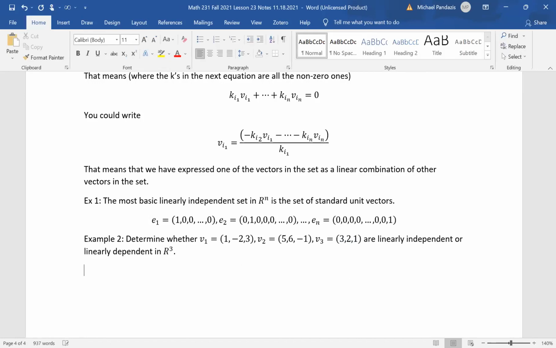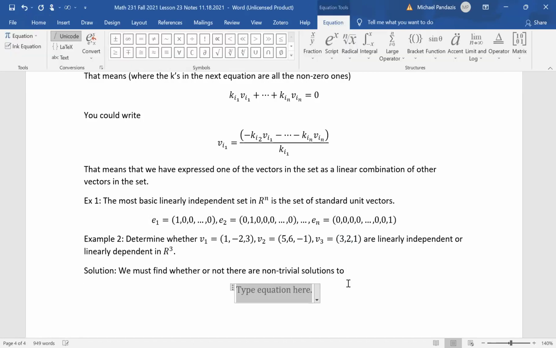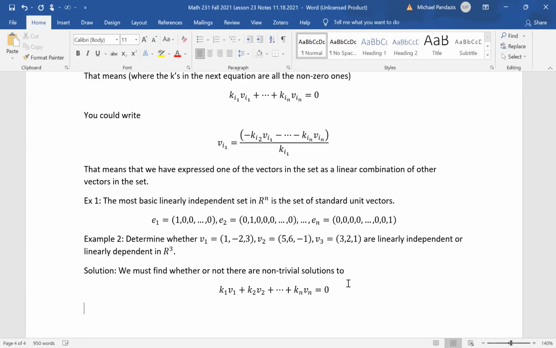Okay, so to determine that, we must find whether or not there are non-trivial solutions to the equation k1 v1 plus k2 v2 plus dot dot dot plus kn vn equals 0.